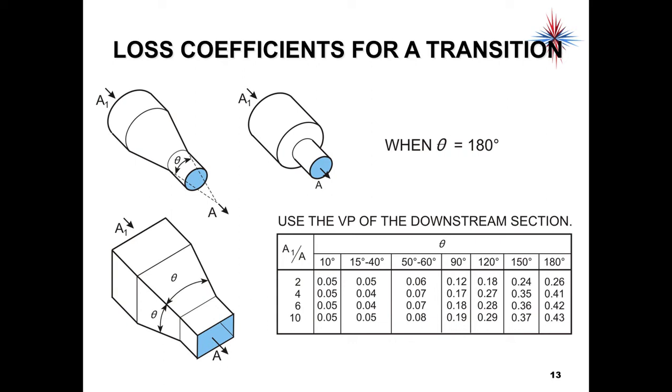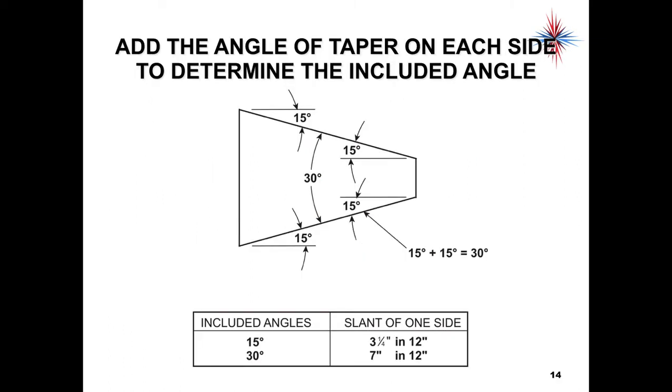A2, or A, is the area leaving the fitting. And again, we use that and figure out the reduction angle: 15 to 40, 50 to 60, 90, 120. What's the reduction angle? And we have our loss coefficients.